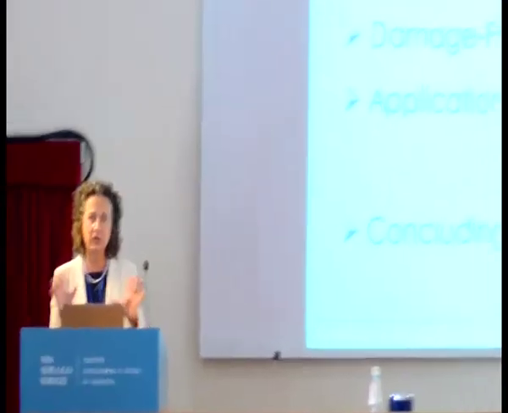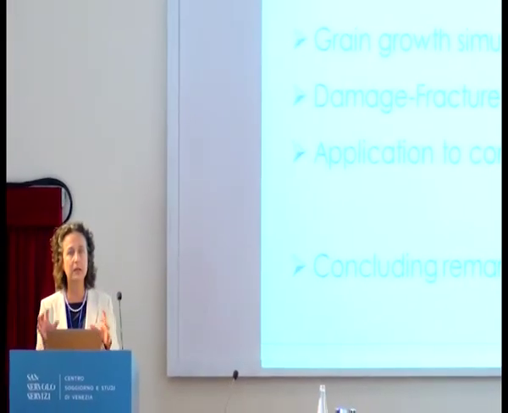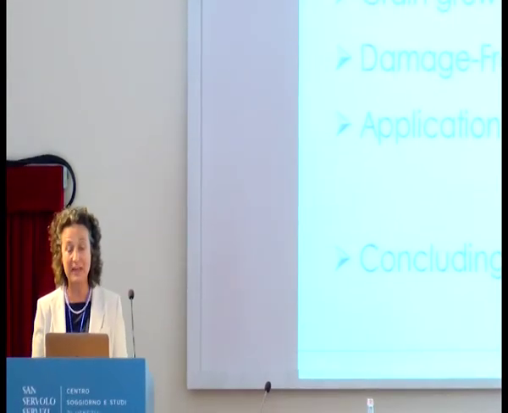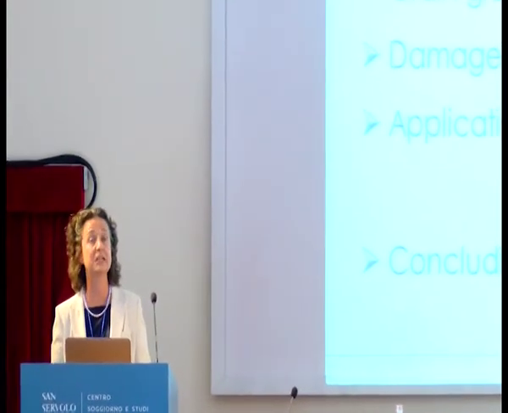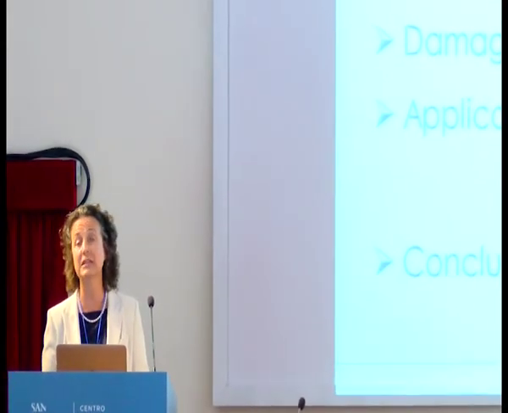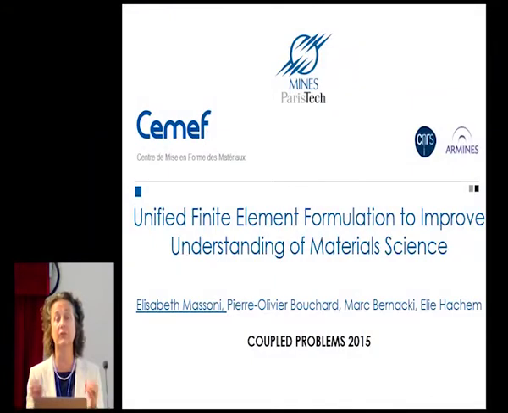So I try to follow this outline. First, briefly, I present this numerical framework in order to understand what are really our goals. Then I try to have time to present the application to grain growth simulation. It's very important for material science to know the evolution of the microstructure of the material.